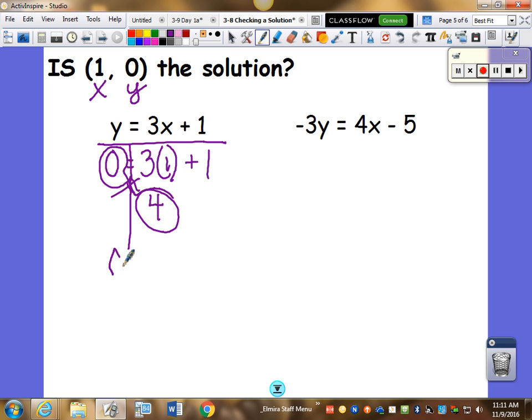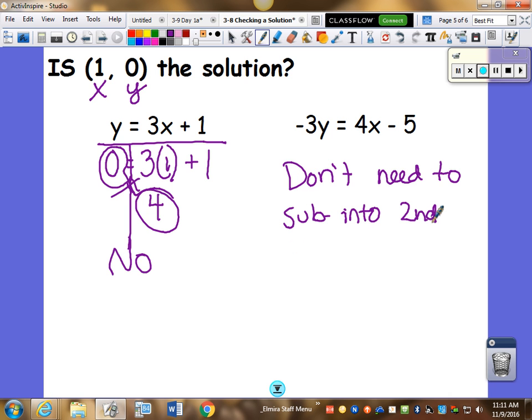That's a no. Okay, if we already have a no, we don't need to sub in to the second equation, because it doesn't matter. If it's no on the first equation, you need 2 yeses. If you already have a no, you're done. So we would say (1, 0) is not a solution.